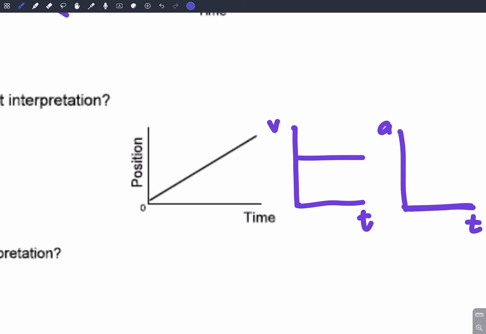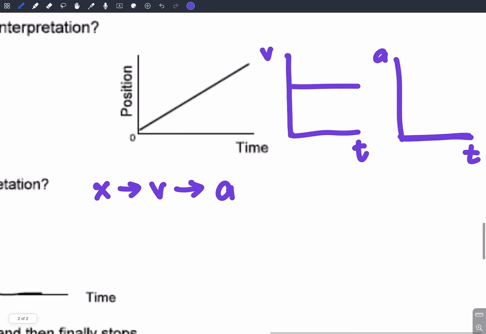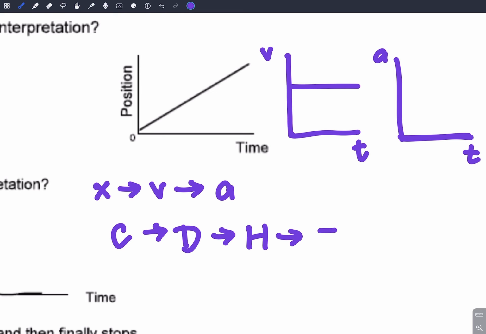Okay? So, whenever you're going from displacement to velocity to acceleration, it's always going to be a curve to a diagonal line to a horizontal line to a 0 line. So, if this were a curve, let's use a different color, this would have been a diagonal line, and this would have been a horizontal line.